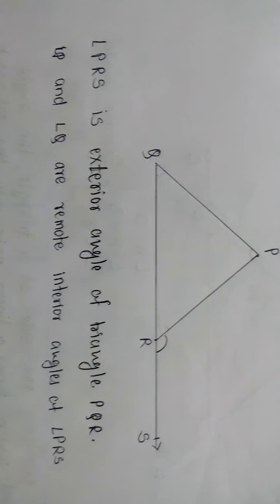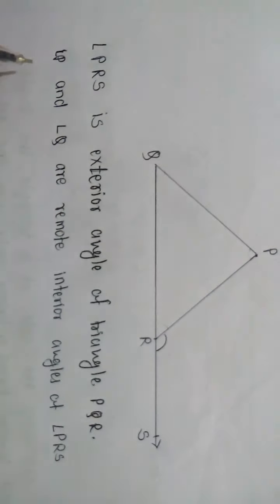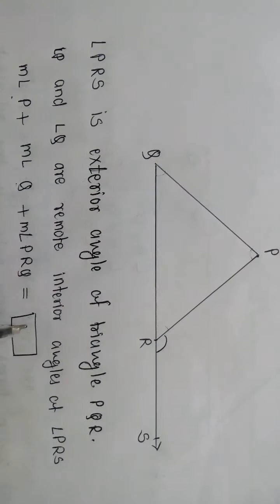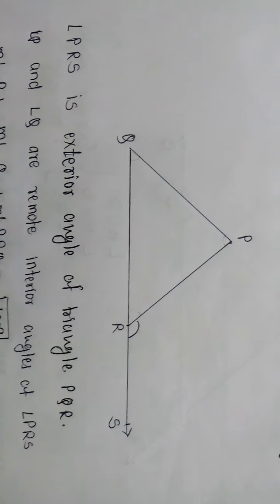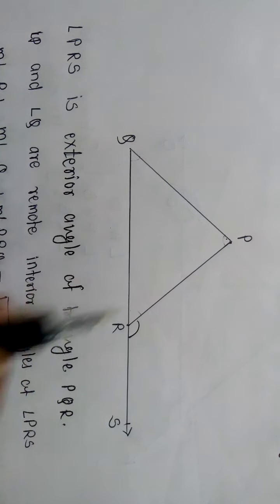And you know very well that the sum of the interior angles of a triangle is 180 degrees. So here we can write measure of angle P plus measure of angle Q plus measure of angle R, these three interior angles, is equal to 180 degrees. And this also you know that angle PRQ and angle PRS, this angle and this angle, are linear pair angles.